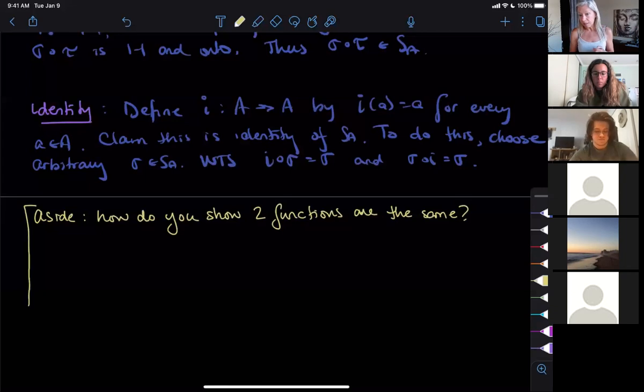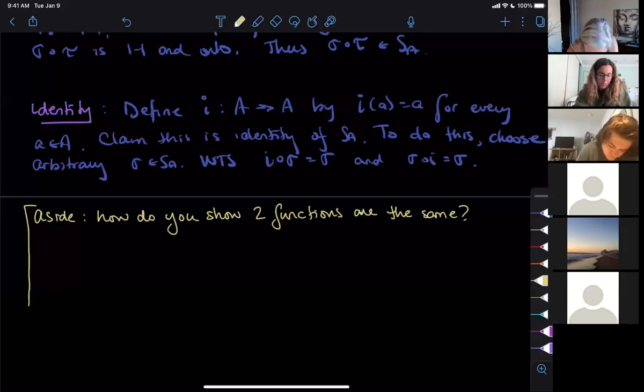Show that every output of one is the same as the other. Yes, exactly. So there's actually a couple things to do. One of them is show you have the same domain, but that's small and that's obvious here. And then the other thing is exactly what Connor and Tanner are saying. Great, thank you so much. Which is that it gives the same output for the same inputs.